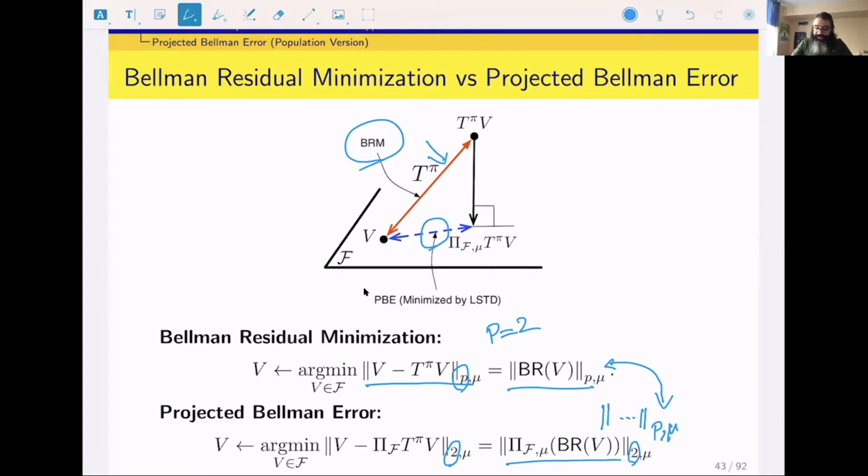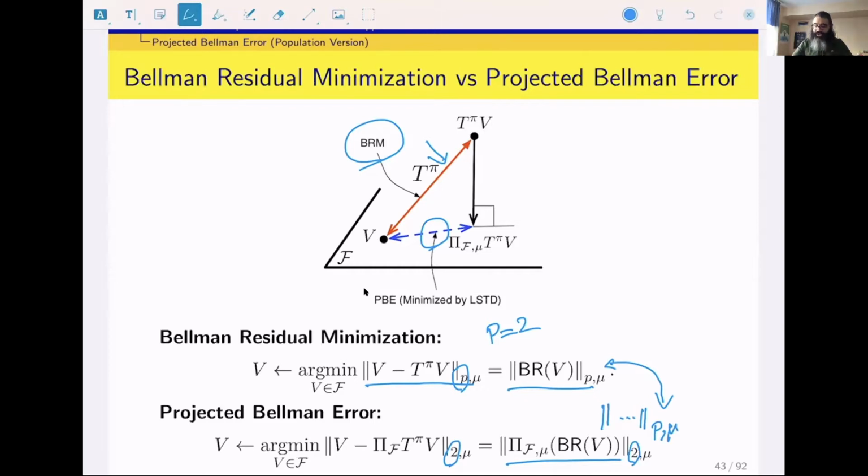We will see that later, that with Bellman residual minimization, when you want to do it with data, you cannot estimate it in an unbiased way. So in practice, if you just want to do Bellman residual minimization the way I defined it, you cannot really compute it. So there is that big issue with it.